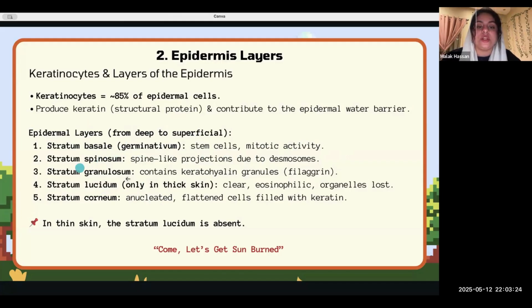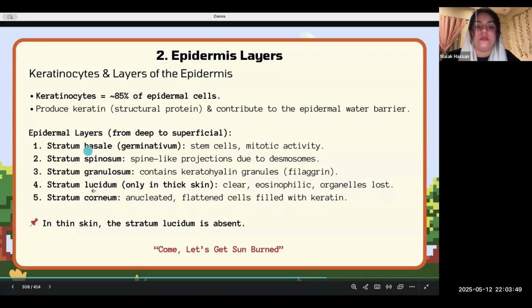Okay, the stratum granulosum, which contains filaggrin, and then you have stratum lucidum, which is only found in thick skin. It's clear and eosinophilic, and it has no organelles. And finally, the stratum corneum, or the corny layer, which is anucleated flattened cells filled with keratin. And in thin skin, like we said, the stratum lucidum is absent.